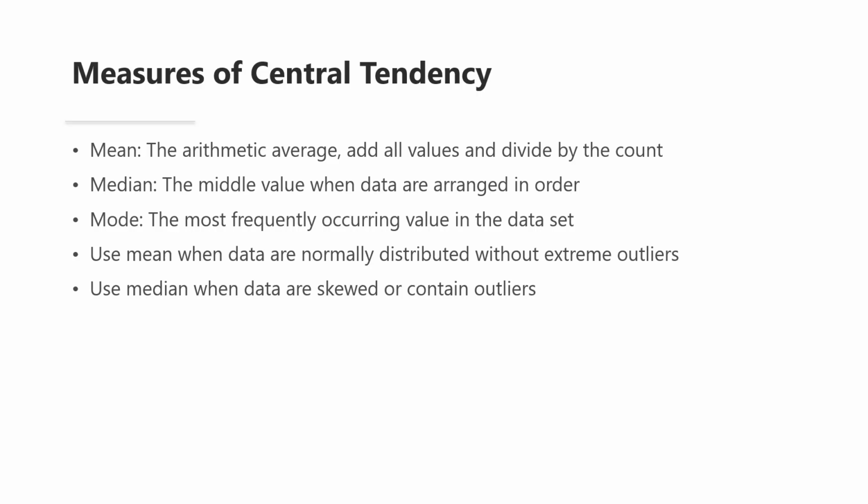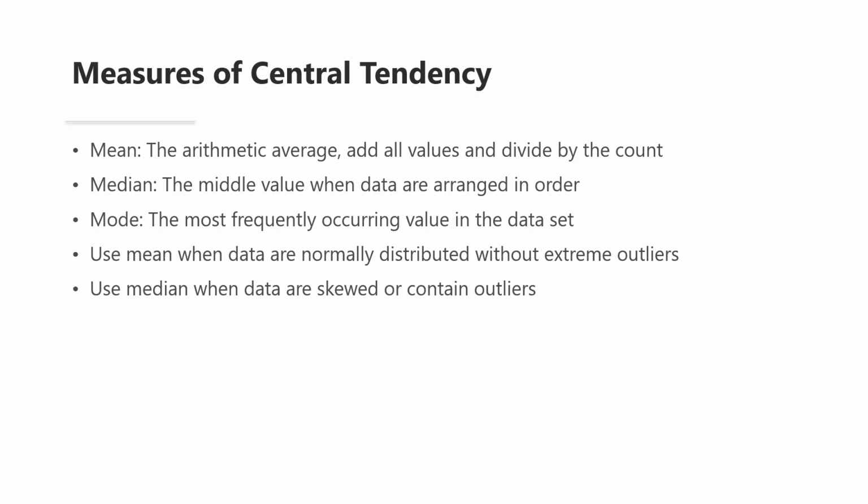The mode is the most frequently occurring value in the data set. If the scores were 70, 80, 80, 90, and 95, the mode is 80 because it appears twice, while all other values appear only once. A data set can have no mode, one mode, or multiple modes.